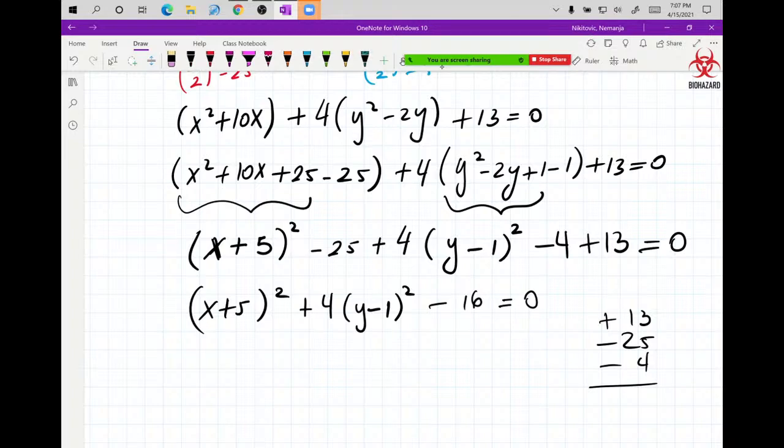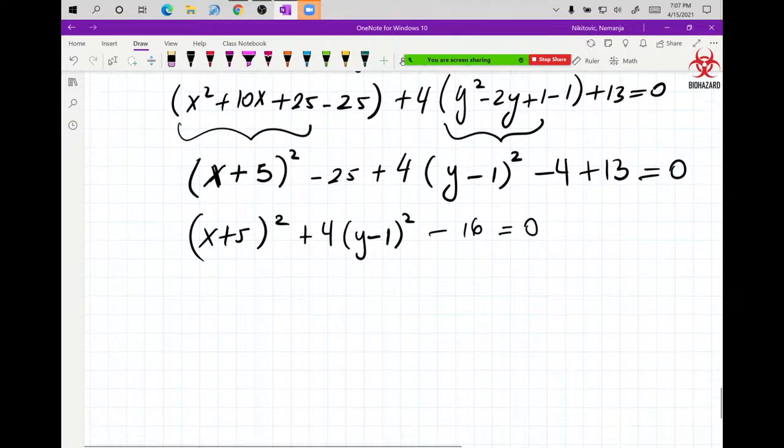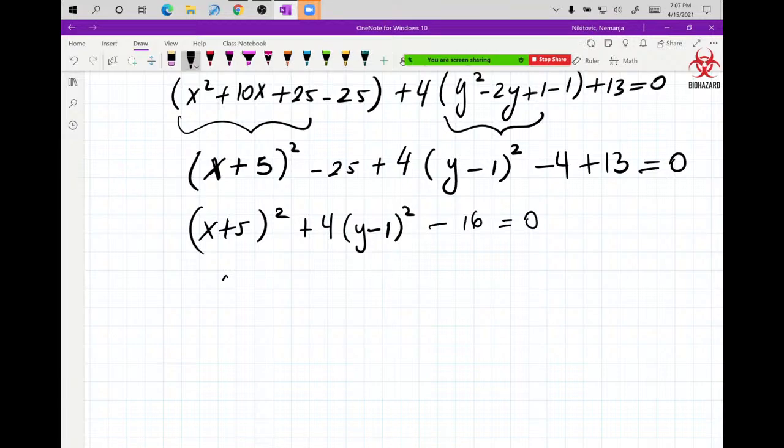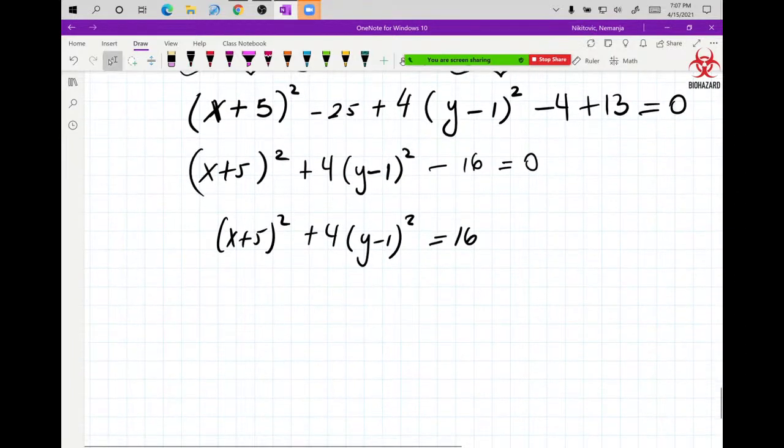Okay. And now we move this 16 to the other side. So that's going to be x plus 5 squared plus 4 y minus 1 squared is equal to 16. I have to divide everywhere by 16 now, because the goal is to have 1 on the right hand side.